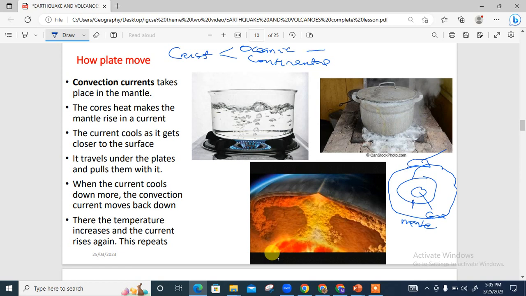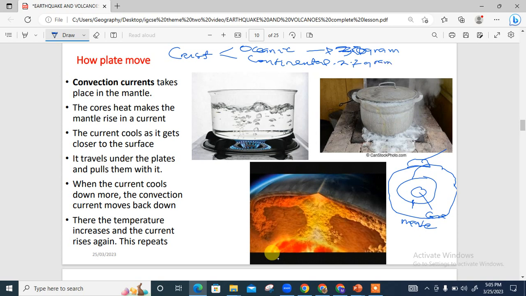Now, the oceanic crust usually has a density of 3.0 gram, while the continental crust has a density of 2.7 gram.